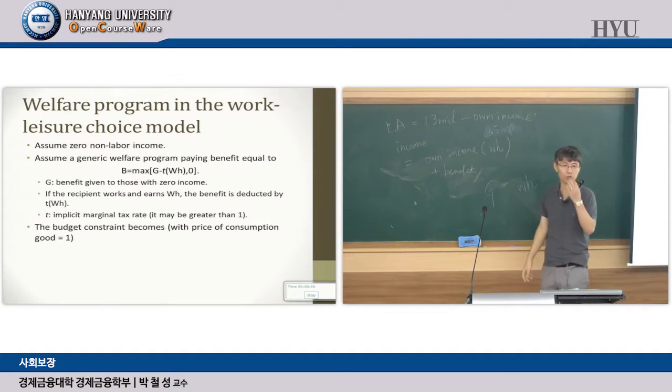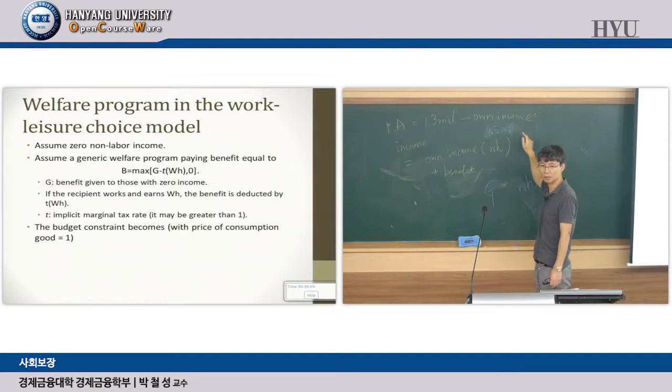But let's say you can change the rule. Let's say the government says we will deduct the benefit only by half of your own income. If you earn, let's say 0.5, we lower the benefit not by 0.5 but by 0.25.